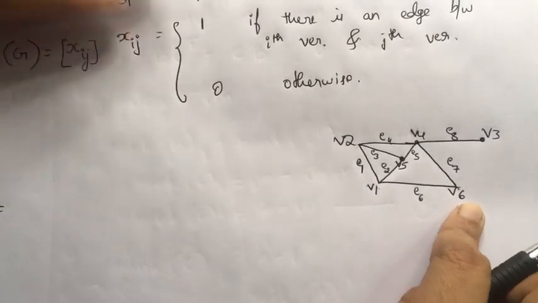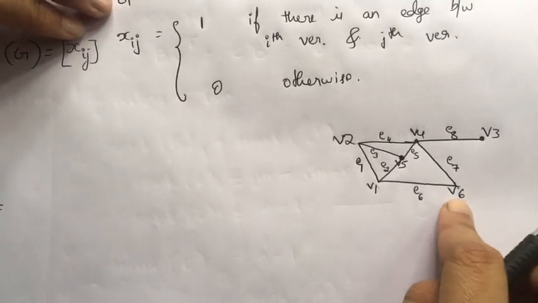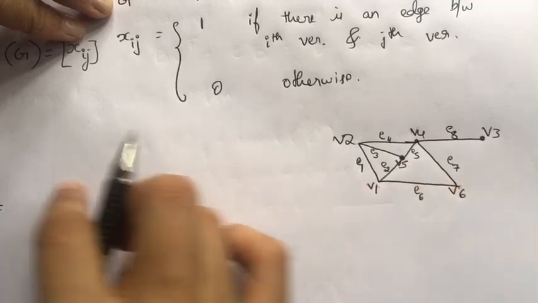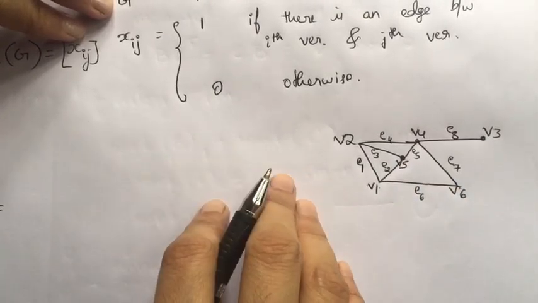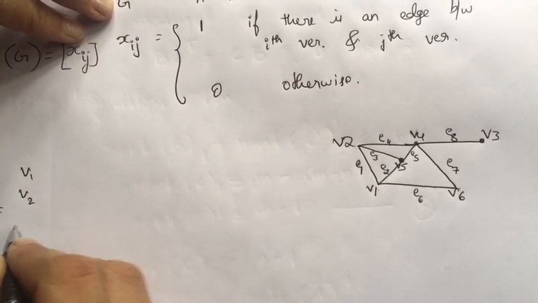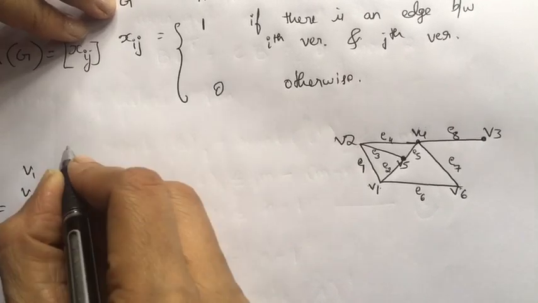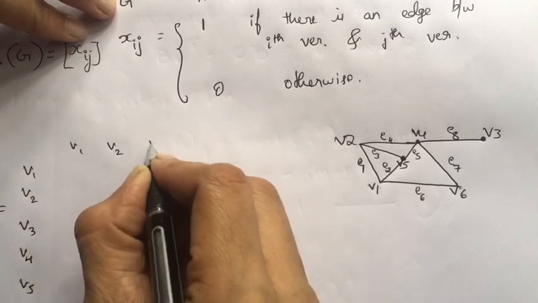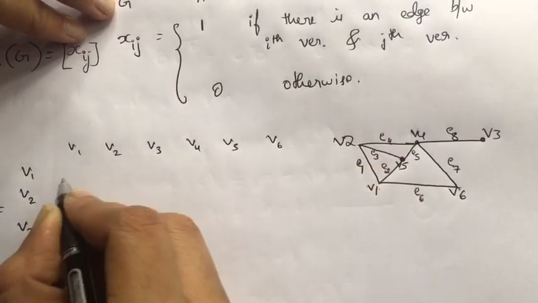Here number of vertices is equal to 6. Therefore, it's 6 cross 6 matrix. I'm taking vertices along rows and along columns also. So V1, V2, V3, V4, V5, V6, V1, V2, V3, V4, V5, V6.